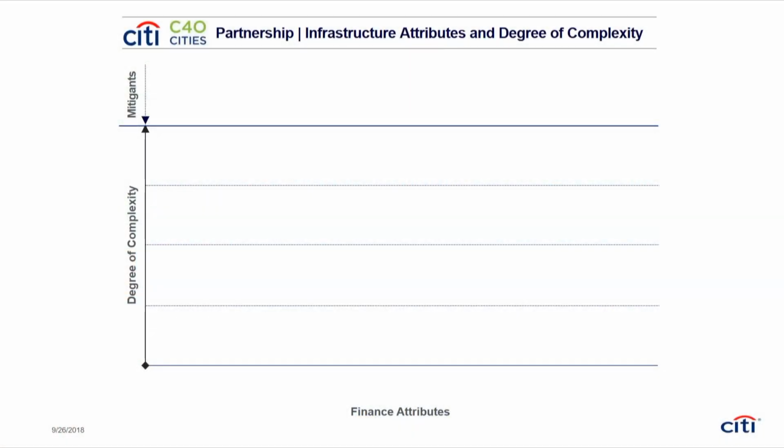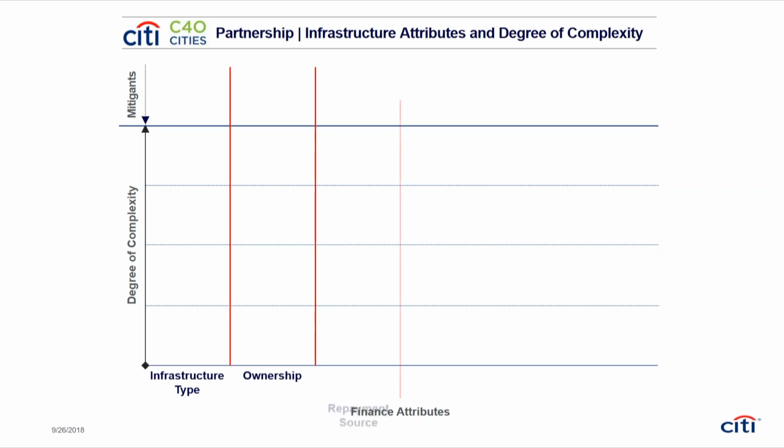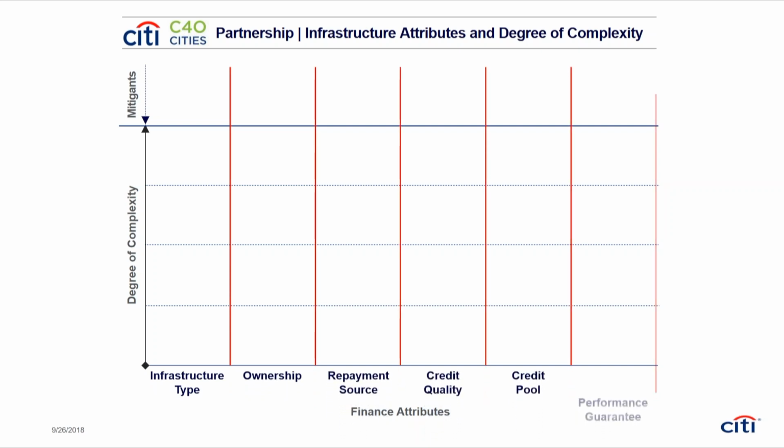So this matrix is laid out by different elements, and let me launch them all up here quickly first. These are six typical things that are considered in financing for infrastructure. The first one is, what type? The second is ownership: is it publicly or privately owned? Who owns it? The third is the source of repayment.